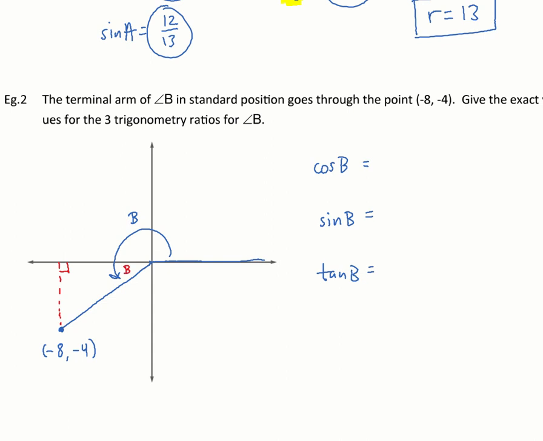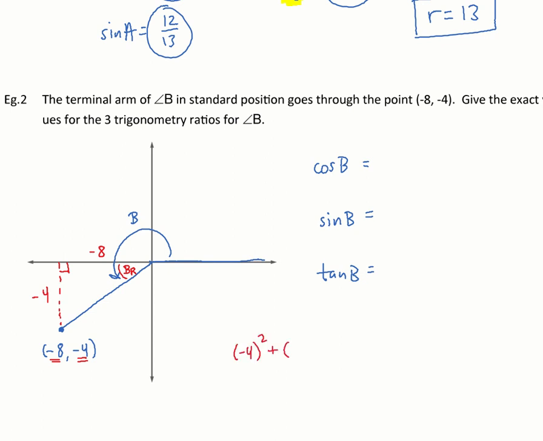This little fella in here is called BR. That's our reference angle. Okay, we can use the coordinates of the point. Since the x coordinate's -8, that tells us that this side is 8 to the left, so we're going to label it -8. The y coordinate's -4, so that's how much we have to go down. So we can say -4 is that side. And let's do the Pythagorean theorem.